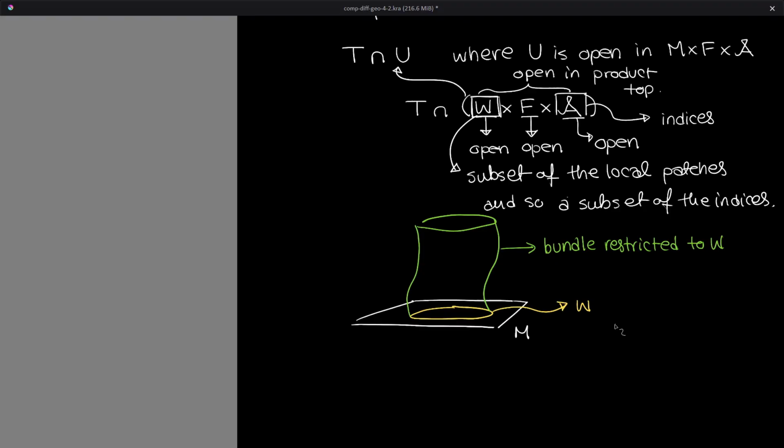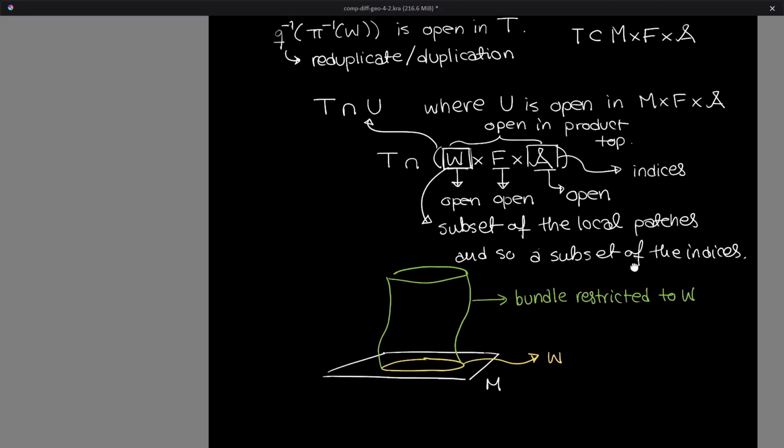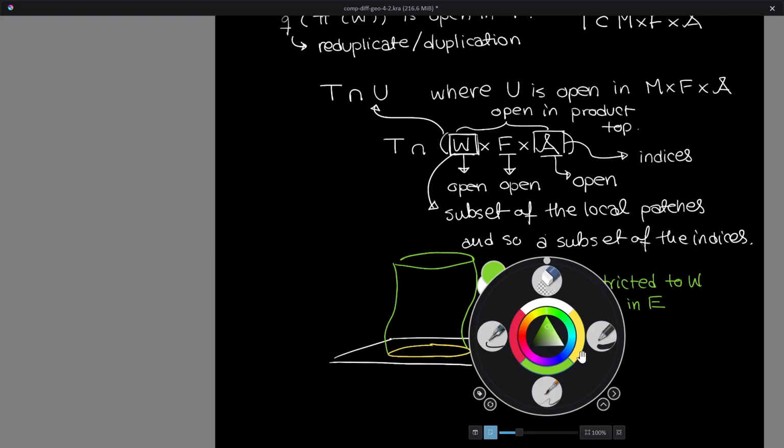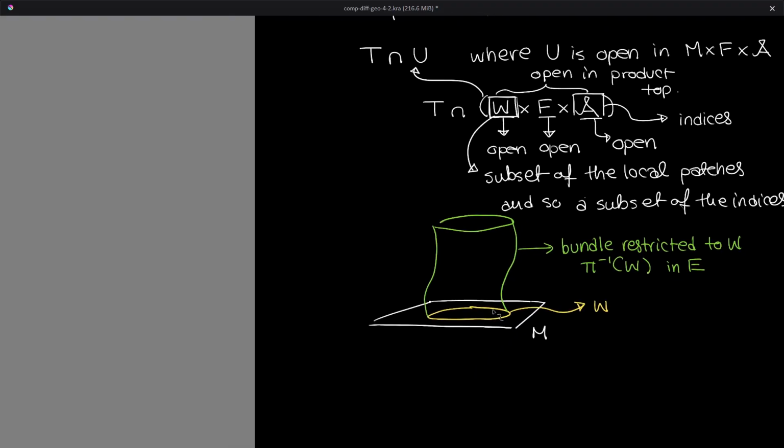So this is pi inverse of W, but this is in E. If we reduplicate the points inside this region so that we get back all of the local patches, so let's say that this part was from U alpha, this part was from U beta, and so forth, and we covered the whole thing.